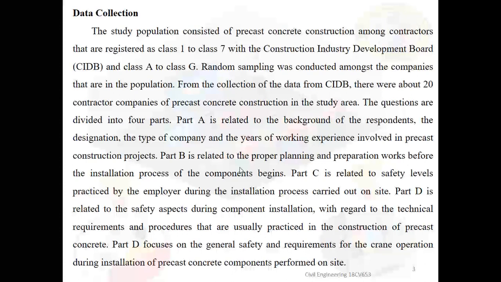From the collected data of 20 contractor companies, the following questions were divided. Part A was regarding their background, when they started the company and their work experience. Part B is related to proper planning of preparation work before the installation processes. Part C was related to the safety practice levels practiced by the employees during installation. Part D is related to the safety aspect during component installation with regard to the technical requirements, and Part D is focused on general safety and requirements for the crane operation during installation.